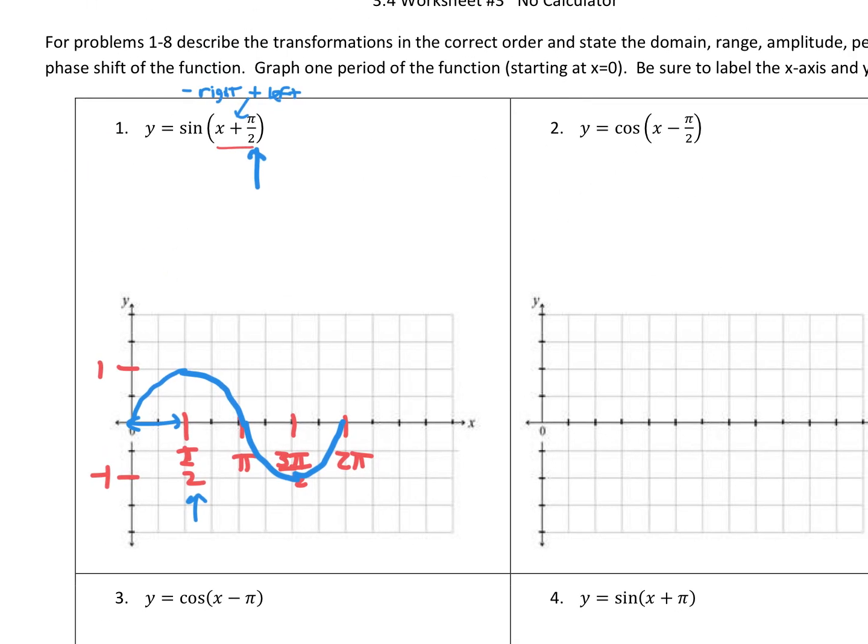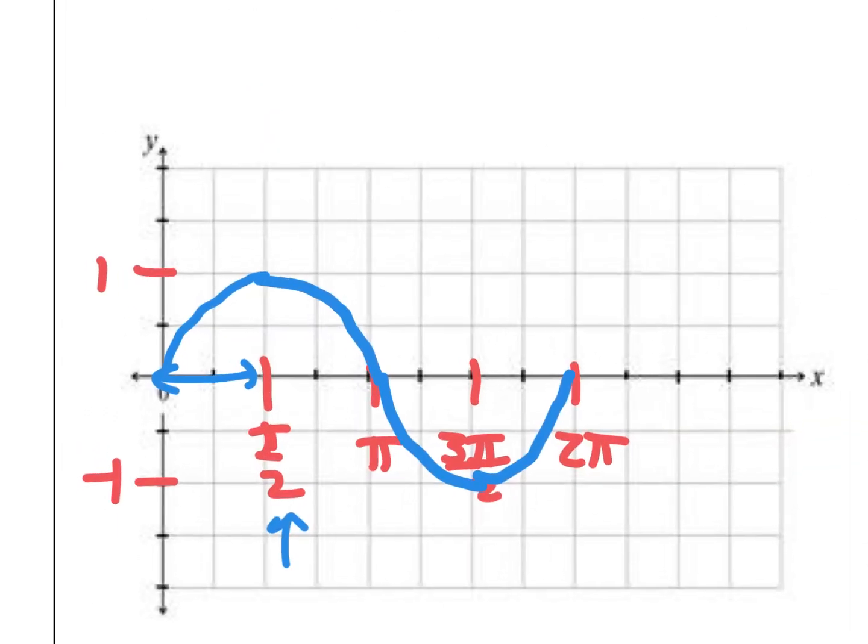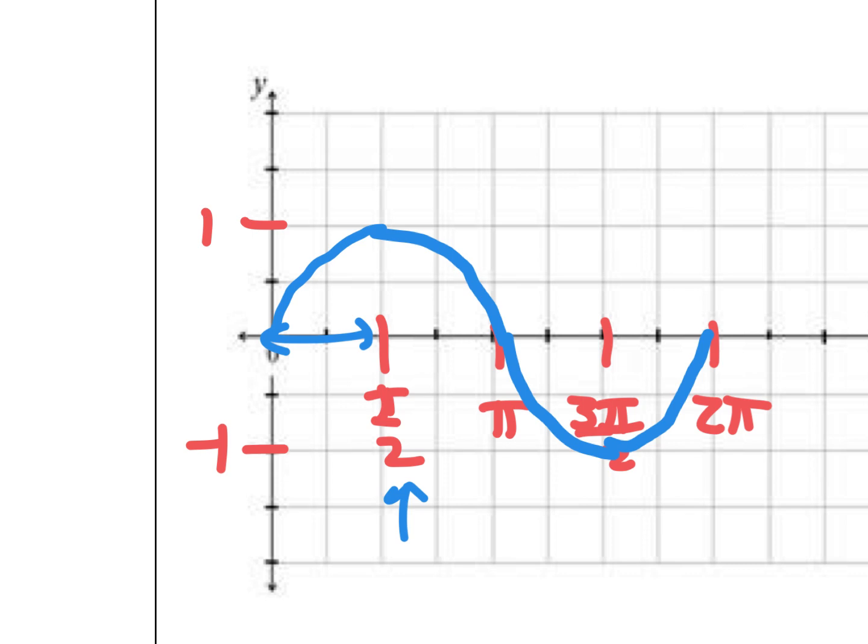So if I need to shift it left pi over 2, then my favorite way of doing this is to take each of these points and go left and try to keep these arrows the same distance, which is 2 marks. That's how far pi over 2 is, 2 marks, see? So I'm going to take all the key spots on this parabola, which are like its x-intercepts.